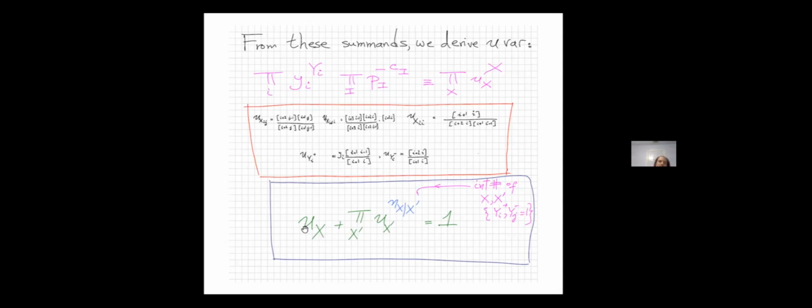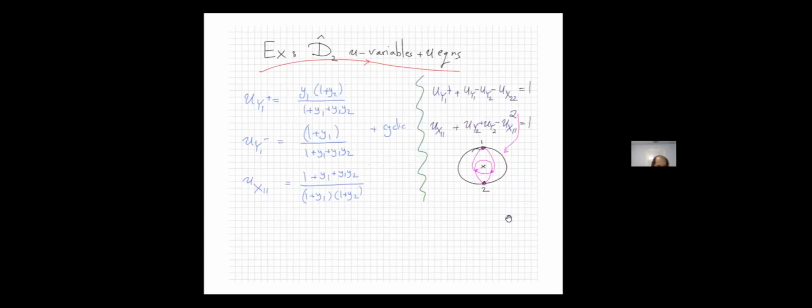So now the equations look like ux plus the product of all the x primes that are incompatible with x, to the power of simply the number of intersections of the two curves with each other on the surface. The intersections are defined so that a tagged and an untagged, or the plus and a minus arcs, are always incompatible with each other, and are taken to have intersection number 1.